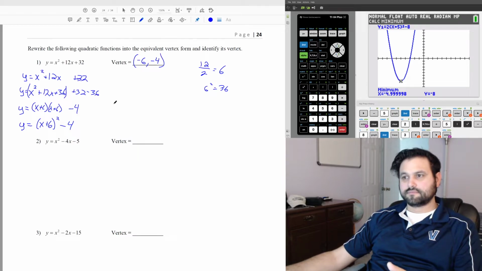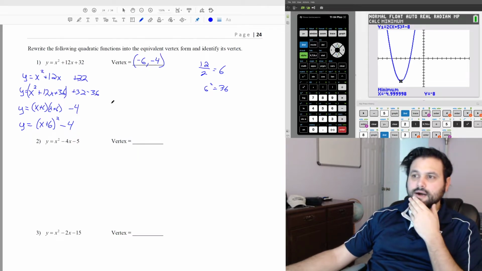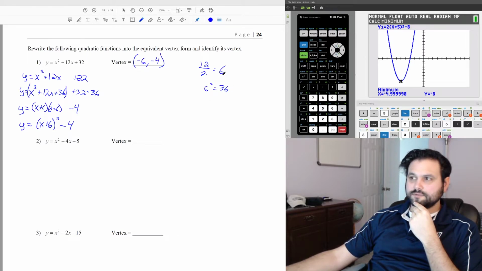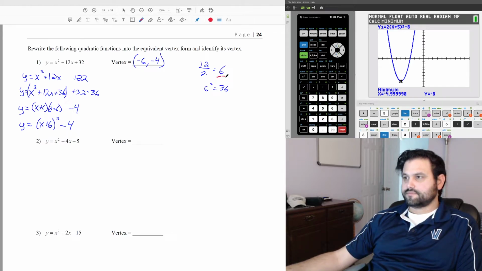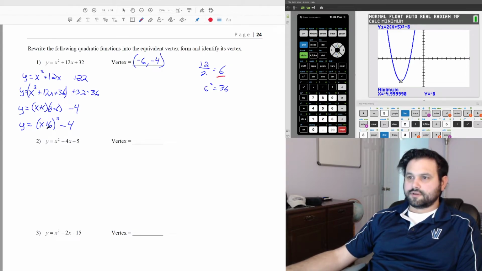Okay? So there's completing the square. That's the whole thing to it, right? I like to do this side work here. It helps me know which numbers to write down. I'm going to just kind of point this out here. You can see here this number gives us this, okay?